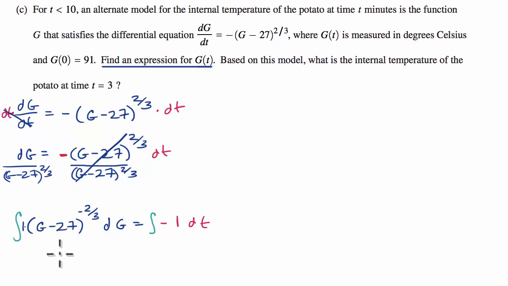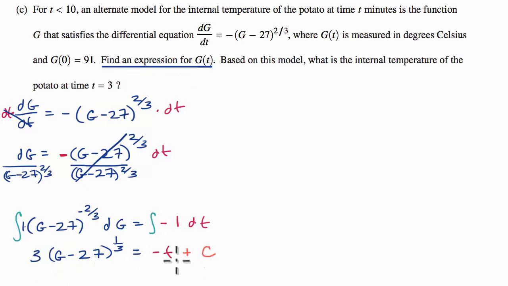I would take my g minus 27 and increment the exponent by 1. Negative 2/3 plus 1 is positive 1/3. Then I would divide by this new exponent, and dividing by 1/3 is the same thing as multiplying by 3. So that's the left-hand side: 3 times (g minus 27) to the 1/3 power. This is going to be equal to the right-hand side, which is just negative t, and for good measure, plus c.